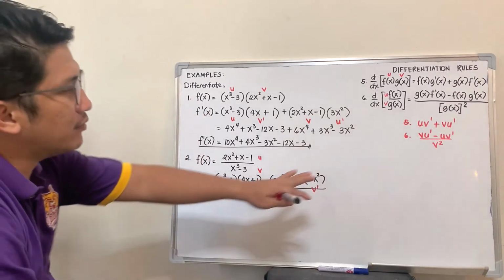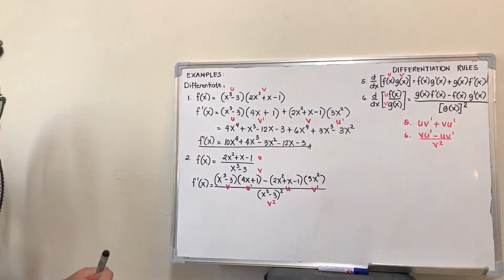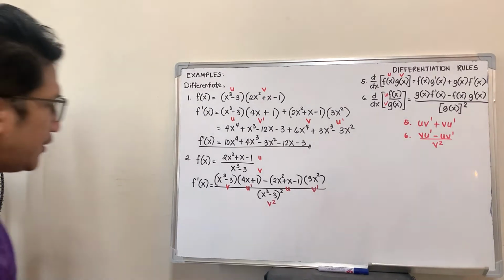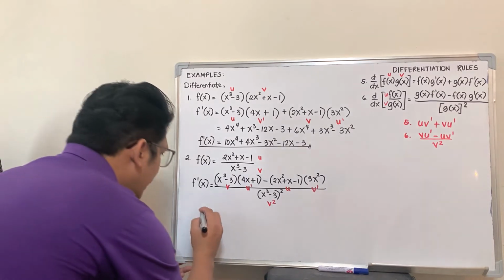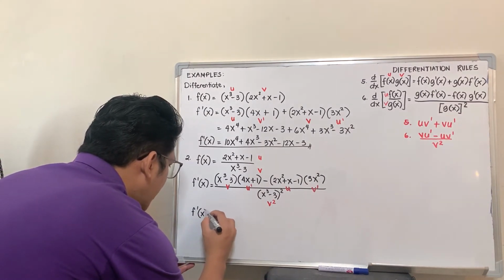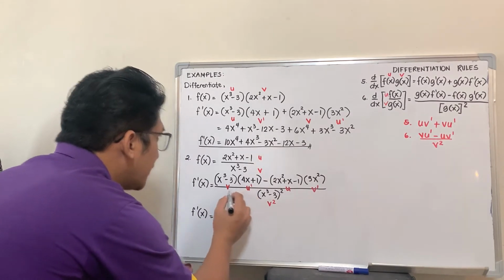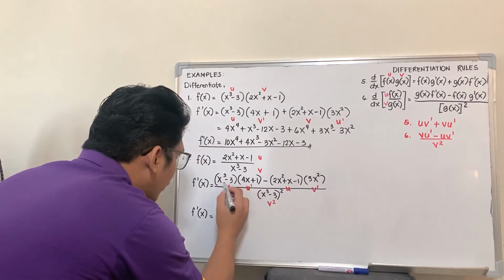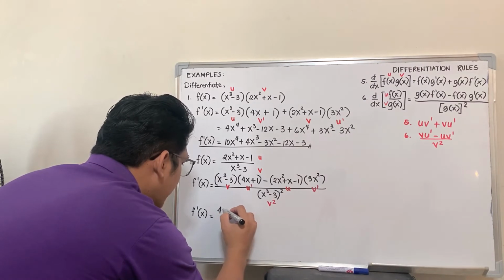So from here, of course, you can continue. You will simplify this expression. So f prime of x, therefore, is equal to, again, expand this one. 4x times x cubed is 4x raised to 4.